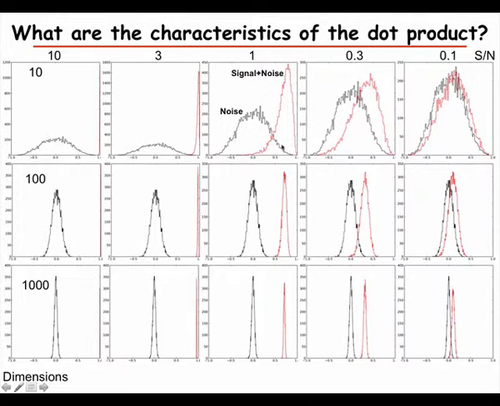So the nice thing before was that we had very little overlap between these two peaks, but in this case we do have an overlap. And that's why a lot of people have criticized using the dot product as a score, because there is a big overlap between the signal and the noise. And the problem is that most fragment mass spectra are going to be somewhere between 1 and 10 peaks, but probably closer to 10, more like 20, 30 peaks at most.